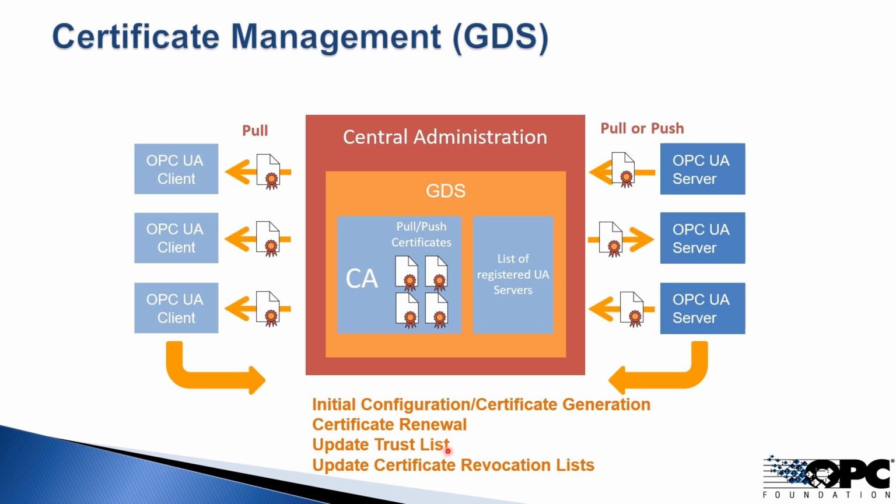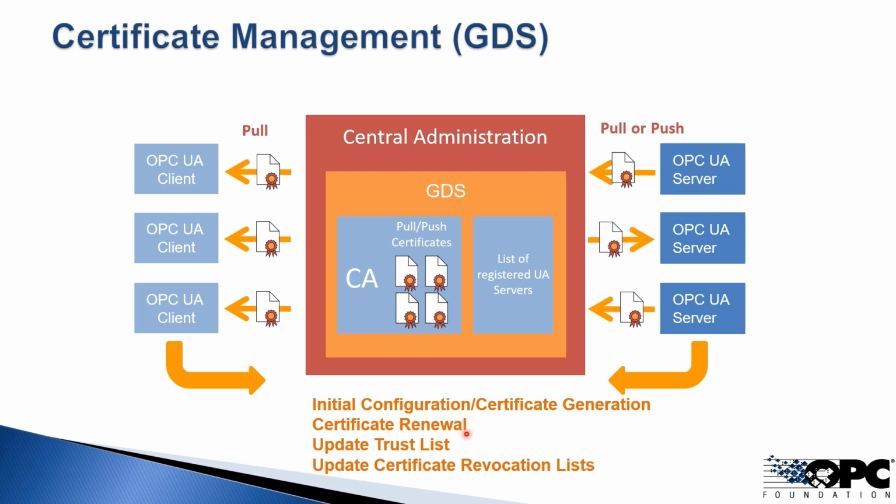That is the list of certificates that a client should trust from servers, and the list of certificates from the clients that the server should trust in authorization and connection activities can be managed through the central administration of certificate management.